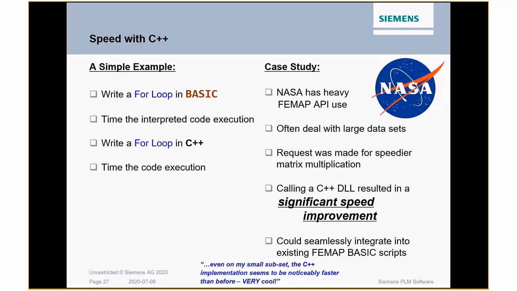They were very proficient in writing scripts, but they were looking for a way to do faster matrix multiplication. And so calling that C++ DLL, as we just saw, provided a very significant speed improvement. And the comment was, even on his small subset, the C++ implementation was noticeably faster, so it was very cool for him.